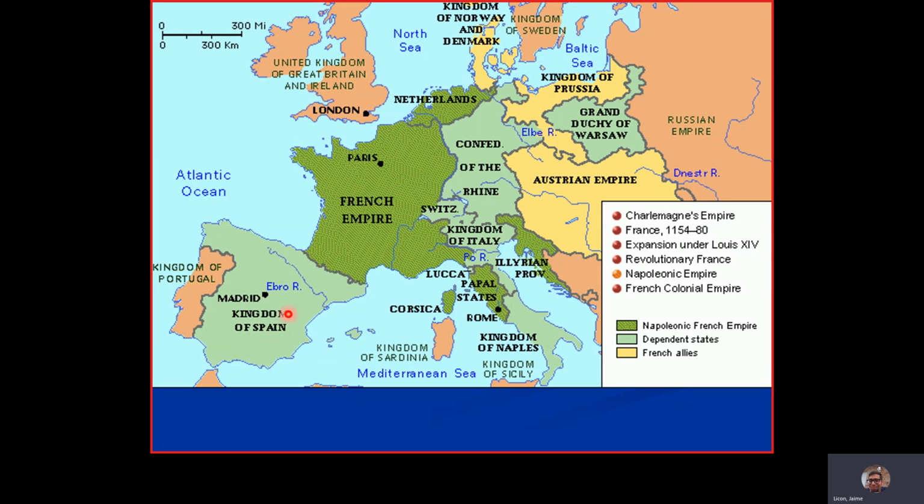In fact, it says on the handout, the role of Napoleon, he conquered Spain and Portugal, creating political chaos. Because you know what? If the king of Spain is arrested and the king of Spain's in jail, who's in charge of Mexico?